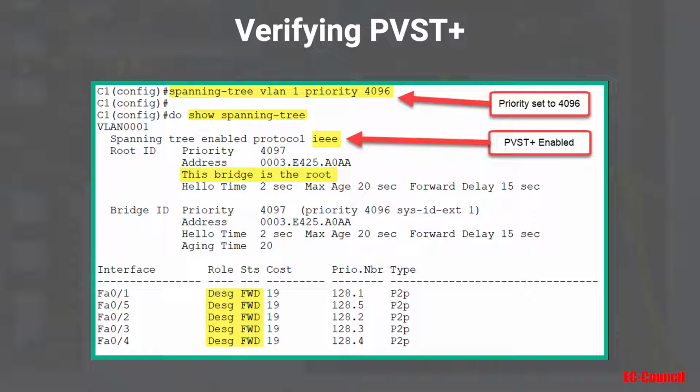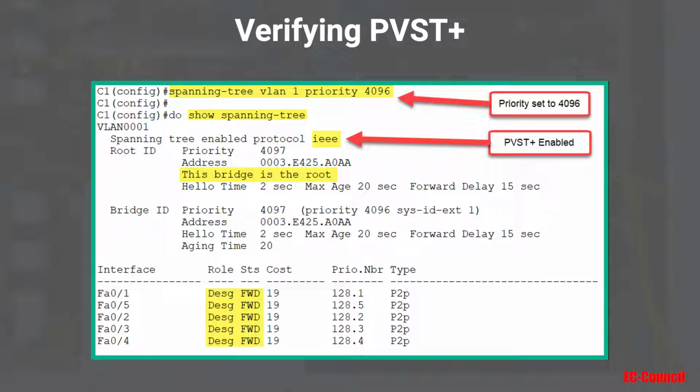So how is this possible? Well, technically speaking, this value here, 4096, is the actual priority value for the spanning tree instance on C1. And we have the extended system ID, which is 1. The extended system ID is also the VLAN ID.